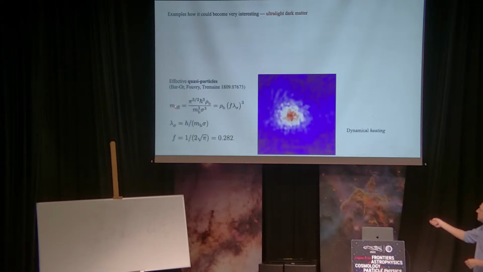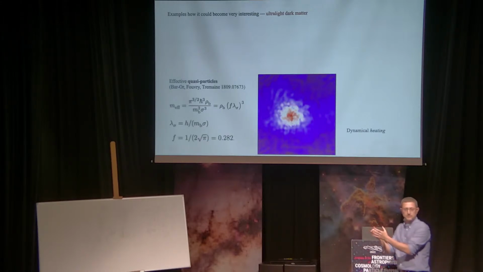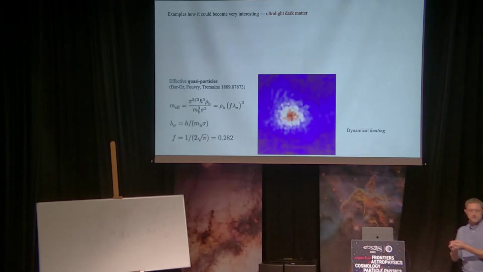This is the analogy: the effective mass of this quasi-particle is proportional to the de Broglie wavelength cubed and the mass of the particle. Basically, the size scale of the fluctuation is the de Broglie wavelength, times the background density, which gives you the normalization of the mass. So our stars and globular clusters are moving not in a sea of harmless ultralight particles, but, because of Bose enhancement, in a field that is fluctuating and has a lot of thermal energy in it. And so this leads to dynamical heating.